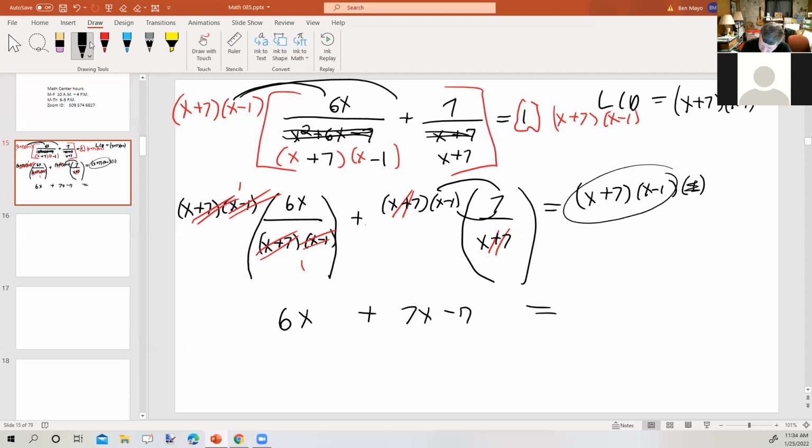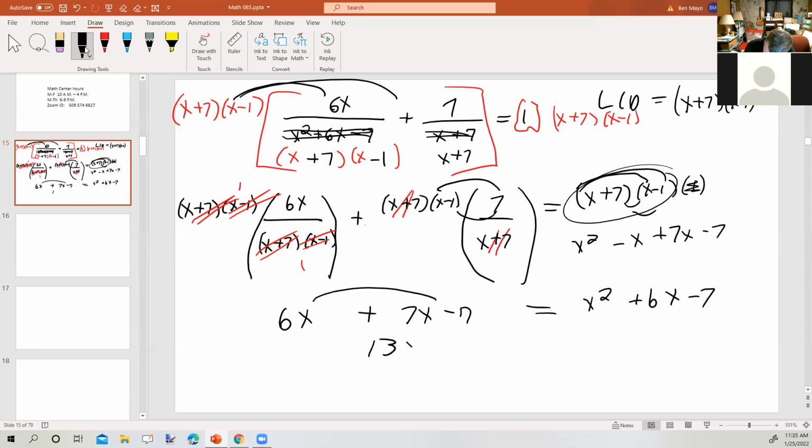So I can sort of cross out the 1, and then I'm going to get what? x squared minus x plus 7x minus 7, which is x squared plus 6x minus 7. Okay. So I've got a second degree equation. Oh, I can simplify here. I can get 13x minus 7 equals x squared plus 6x minus 7.